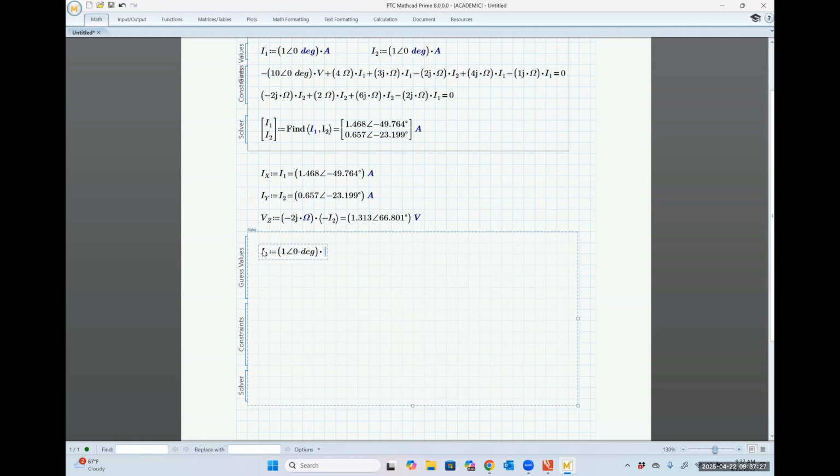Did you find my mistake? Plus just plus 4. Where? That one. Is that gonna be like J? No, because it's the 4 ohm resistor.